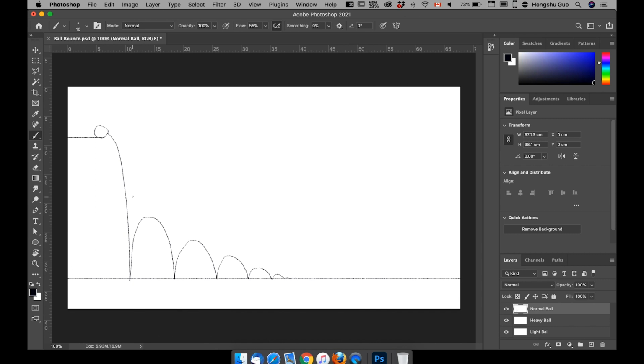So if I draw a center line here, in the center, this angle is going to be the same as this angle here.